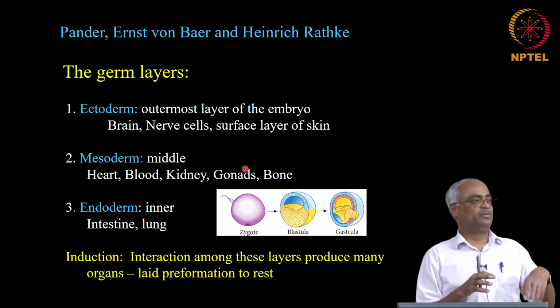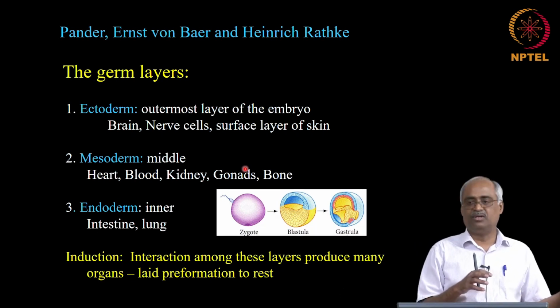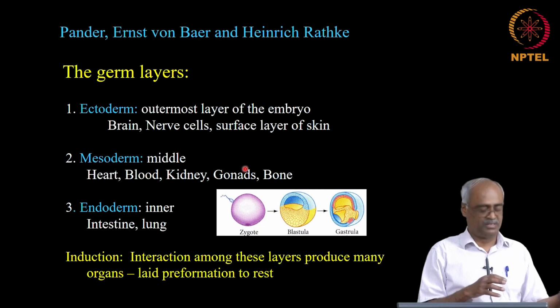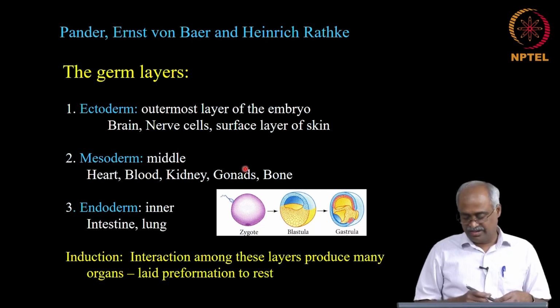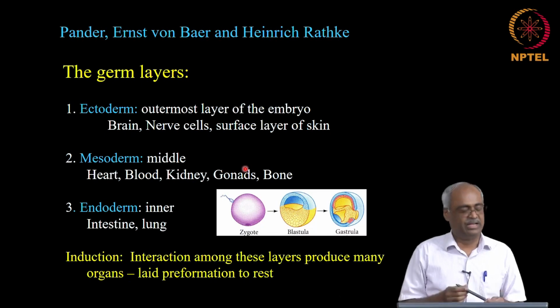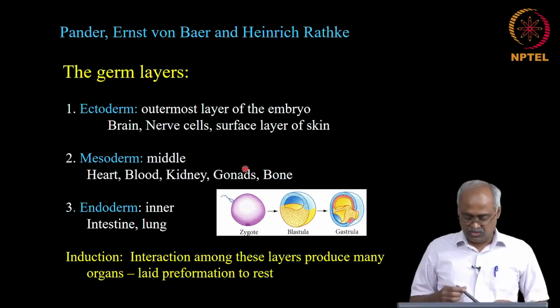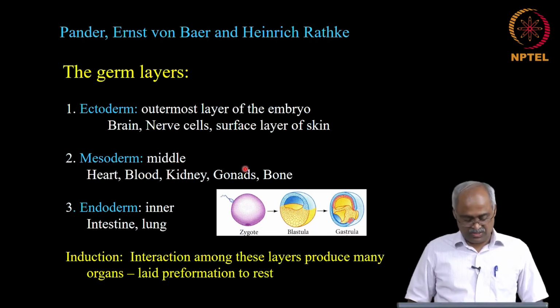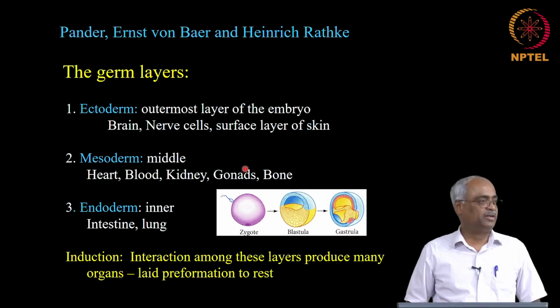So you saw notochord inducing the ectoderm in the neural tube formation. So that process is called induction, which we will learn in great detail several lectures later, induction, competence, and so on. But these guys were the first ones to recognize this.